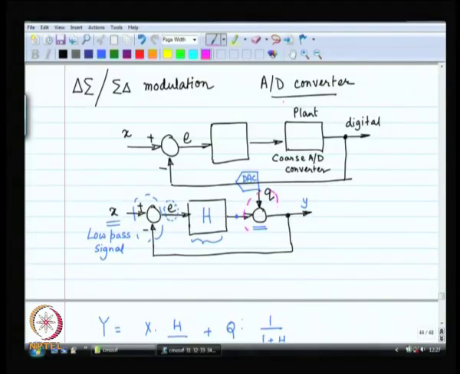Okay. So, this is our plan, and why did we put this high frequency business at all? We could have made, let us make the loop gain high at all frequencies, would that be good? No, that can't possibly be, because this quantization noise has to go somewhere. Our plant, unlike other plants, our plant over here is a plant that adds noise. It is a coarse analog to digital converter, probably a 1 bit A to D converter.